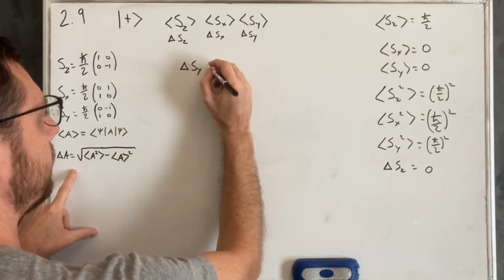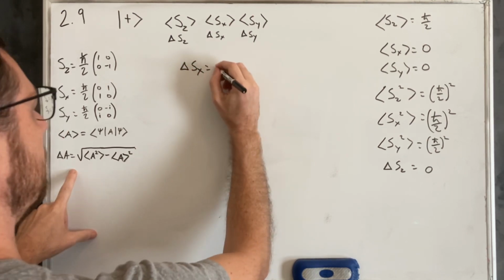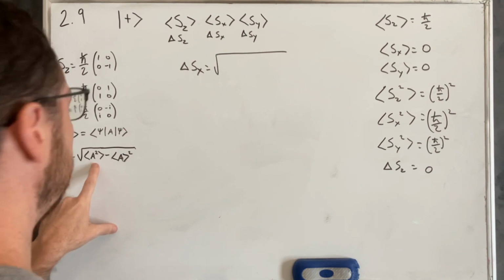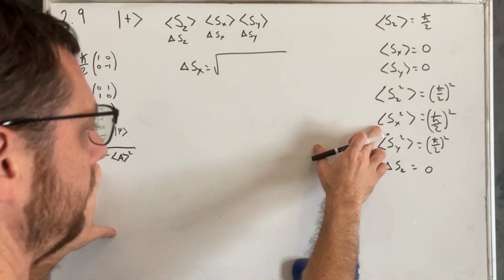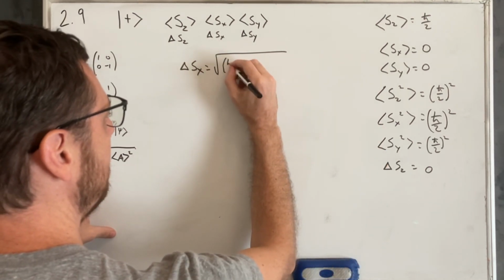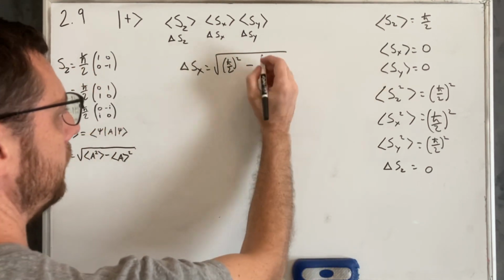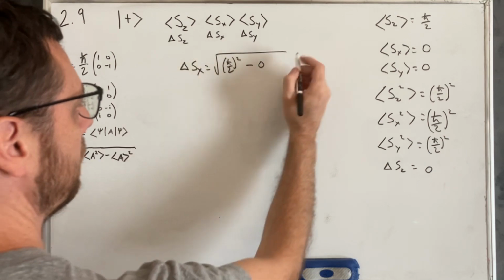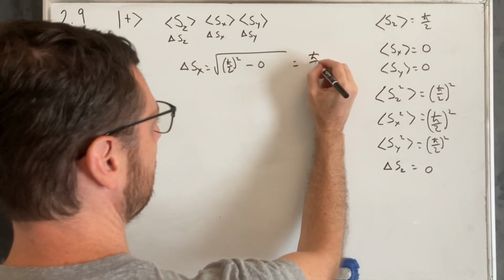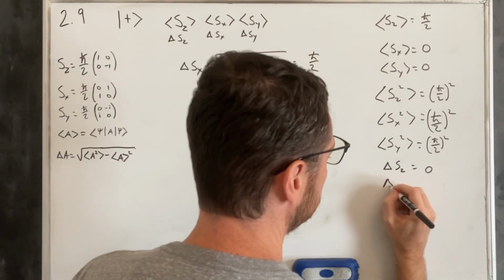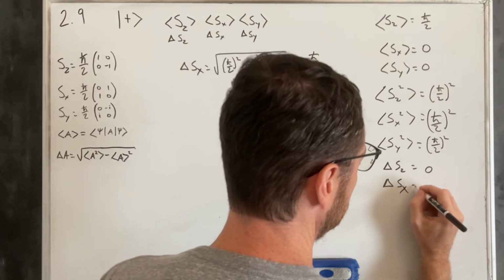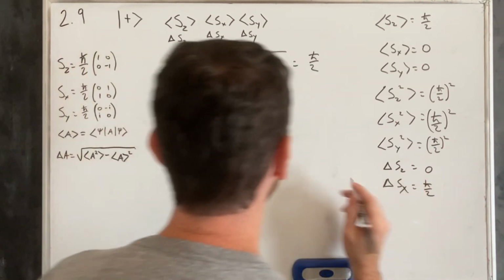Delta SX is equal to the square root of SX squared, which is h bar over 2 squared, minus this squared, which is going to be 0. And then the square root of that is going to end up being h bar over 2. So delta SX equals h bar over 2.